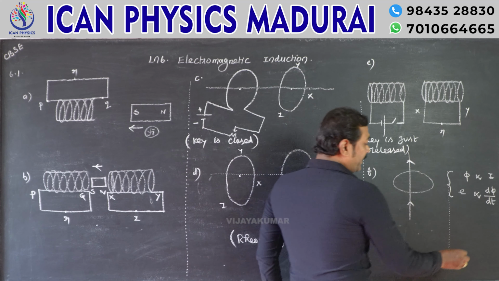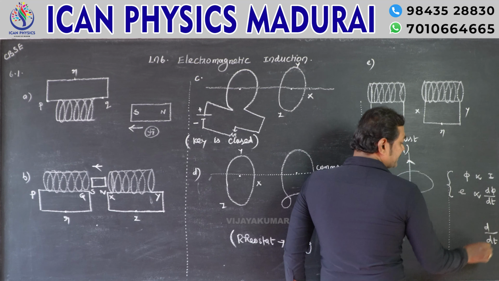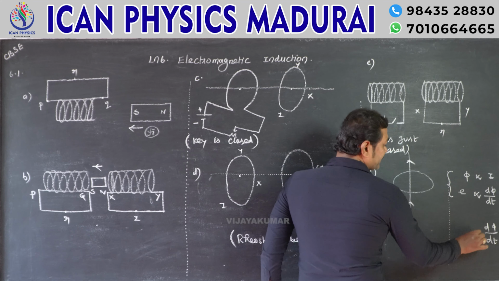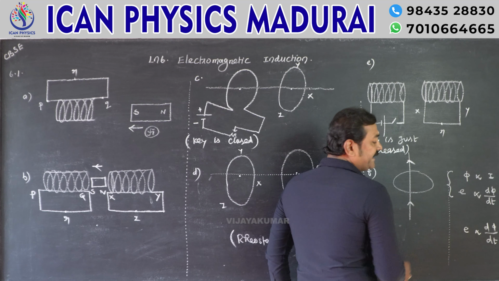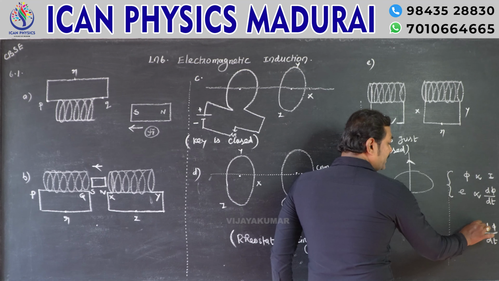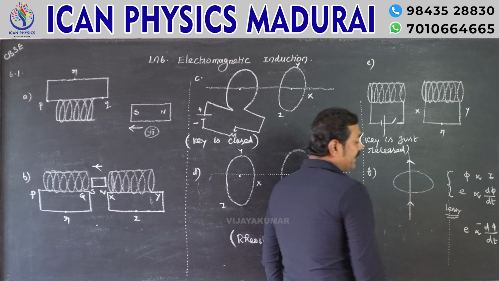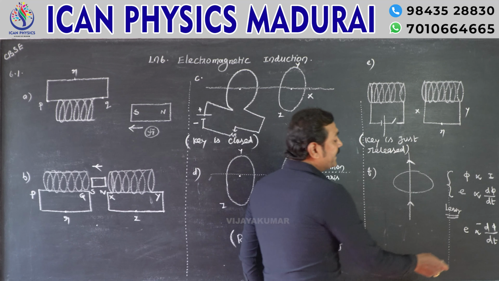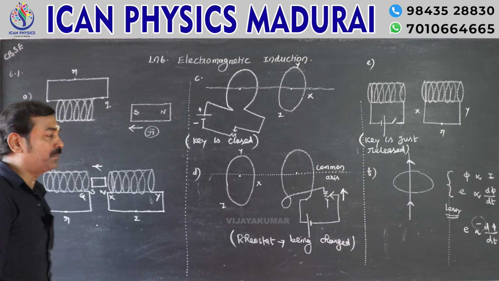Now, the rate of change of flux is directly proportional to induced EMF, which is produced in the opposite direction, was given by Lenz. Okay. Here, this one is important to solve nearly all the problems.